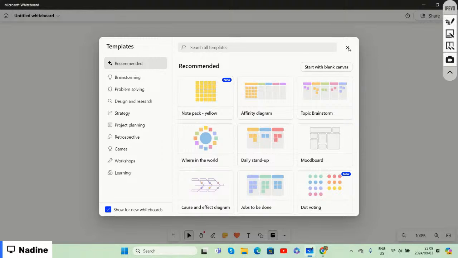We see that our chapter is sentence types, our subject is English language arts, and it is grade one.